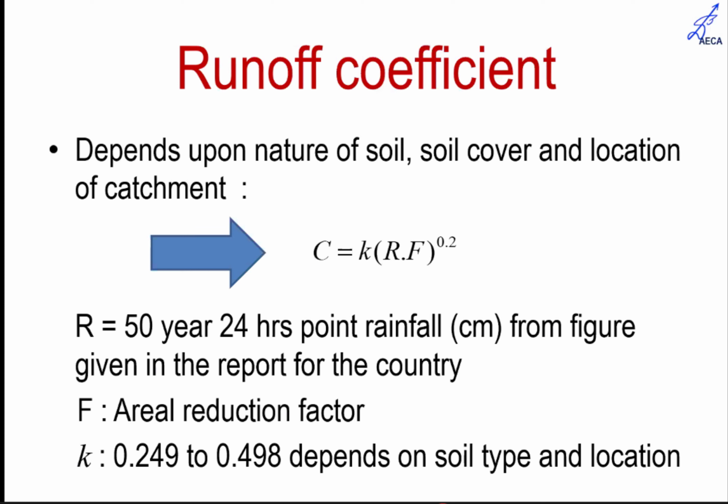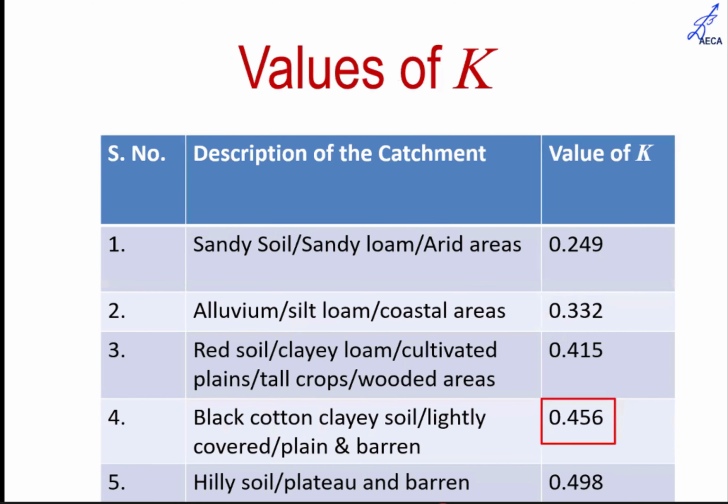The runoff coefficient depends upon the nature of the soil cover and the location of the catchment. It is generally expressed as a coefficient K times RF raised to 0.2. R is the 50-year return period rainfall for 24 hours, F is the areal reduction factor, and this coefficient K varies from 0.249 to 0.498 depending on the soil type and the location.